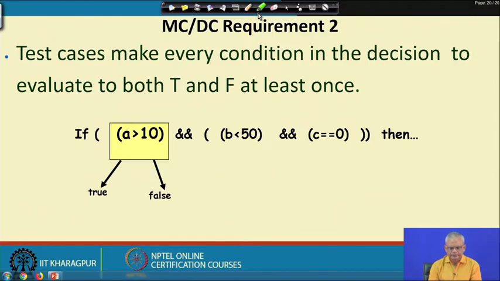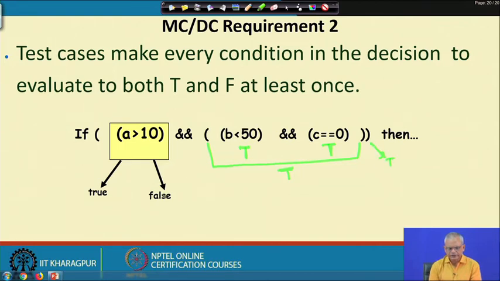So, if we have this true and this true, that is b is 20 and c equal to 0, then this sub expression becomes true. And see here there is an AND. So, if this is true, then the decision becomes true.